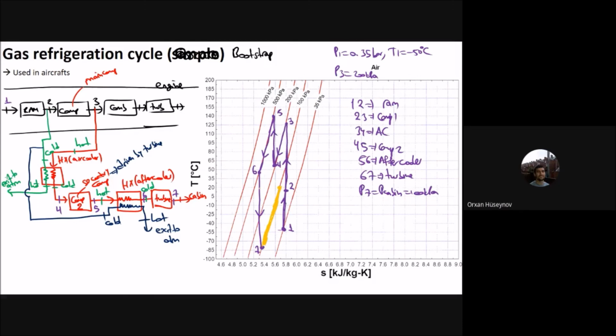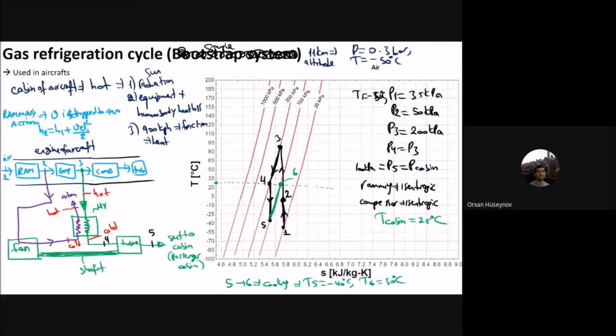Okay, this is how it looks for the bootstrap method. And here you can see that you have compressor 2, which is driven by the turbine. The bootstrap method cooling system cannot be used for ground cooling. What it means is that the ram air travels through these heat exchangers by itself.